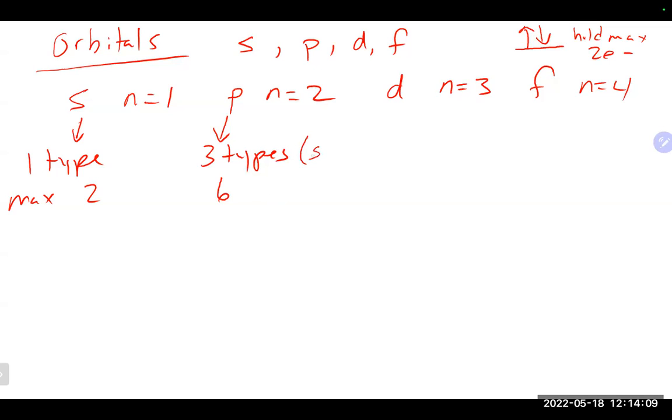That is what is sometimes referred to as a subshell or a sublevel, the 3 p orbitals together. D orbitals, there are 5 different types, which creates a d subshell, and you can max out with 10 electrons. And f orbitals, there are 7 different types, which would max out at 14 electrons.